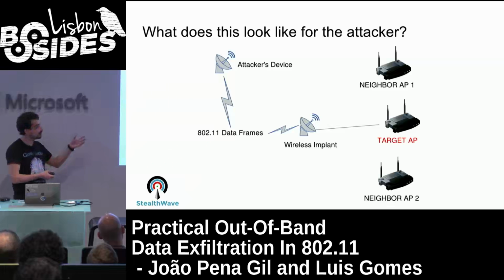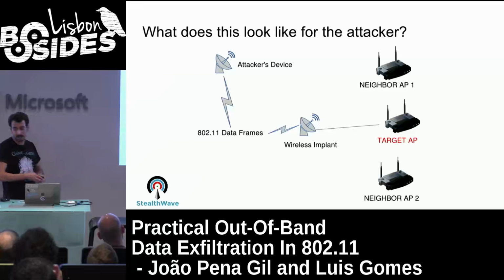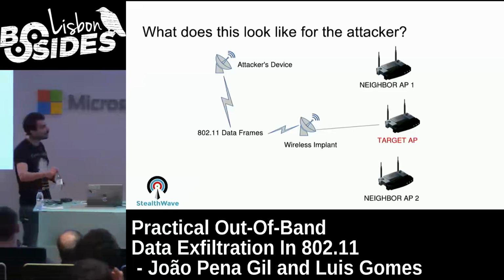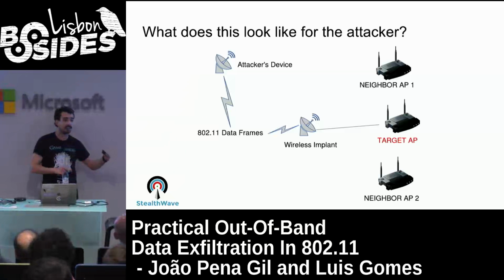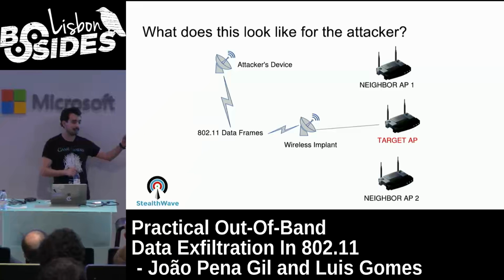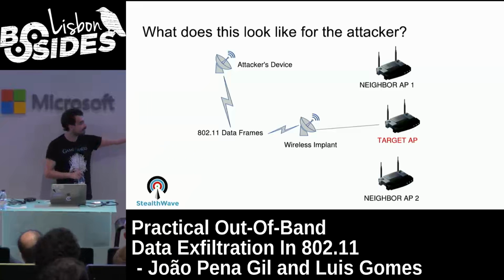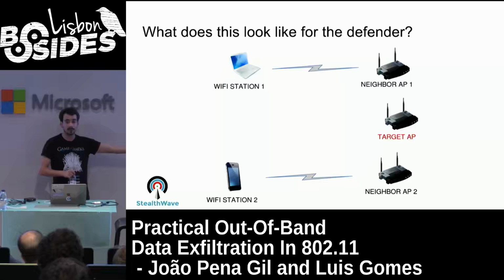If it's in channel 6, it will be ready to receive a new connection. At the point that it receives a new connection, it will send a handshake packet that will say, okay, this is the MAC address I'm going to use because I already saw this station 2, which is an actual station talking to neighbor AP2. So let's just try to spoof that.